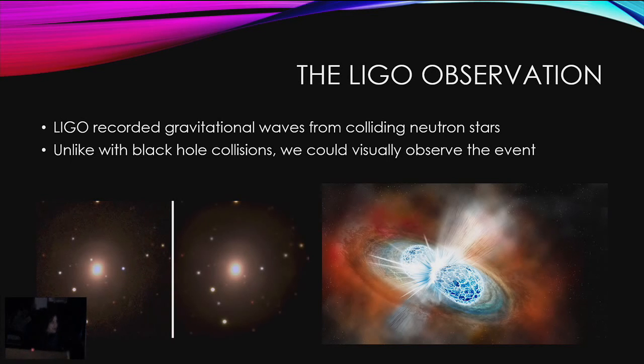But the LIGO observation gave evidence to another theory, that colliding neutron stars like this could synthesize elements like heavy metals, because this generates incredible amounts of energy, more than a supernova of a normal star. It distorts the fabric of space-time.